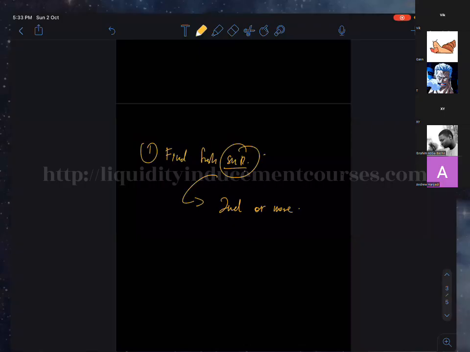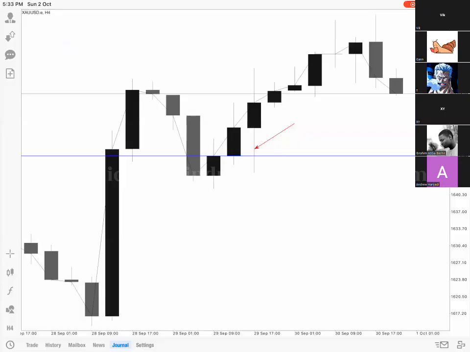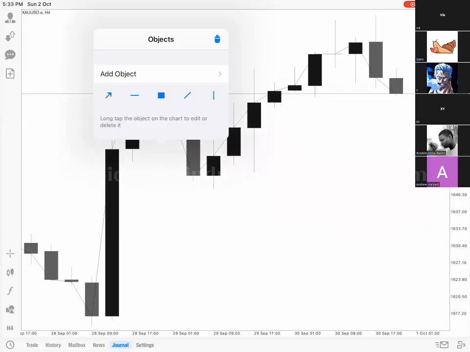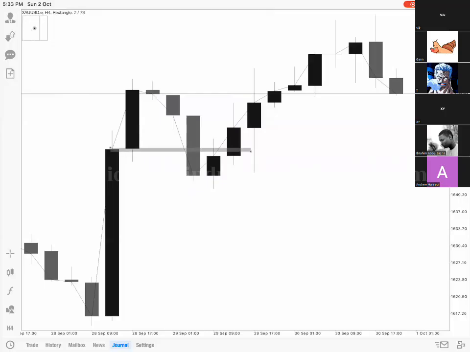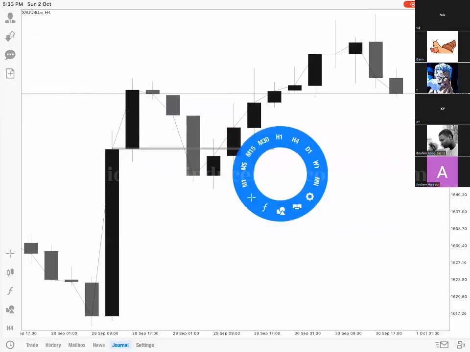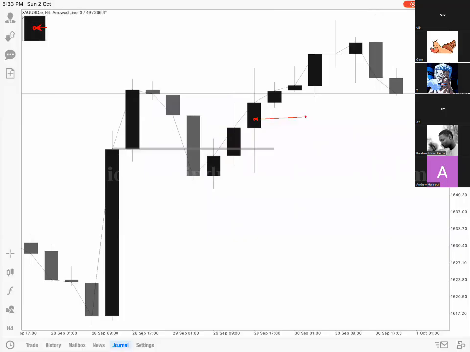Let me show you what I mean by this. I will totally ignore this level for my buys on this candle. Why? Because it's the first level, but I will be focusing on this level.